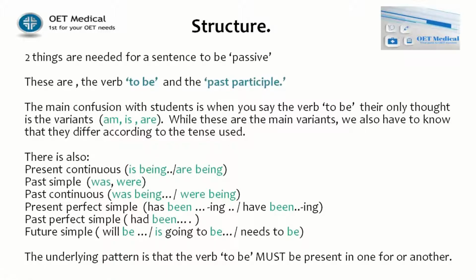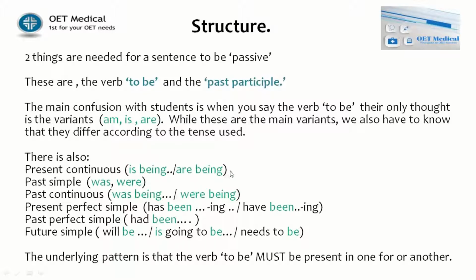The passive is in most tenses, not all tenses, but it's in most tenses. So depending on the tense we use, we have to adjust it to create the correct form. So we can use present continuous, is being. I haven't put the past participles in here, but I'll give you examples as I go through them. Is being, are being. The patient is being transferred to another ward.